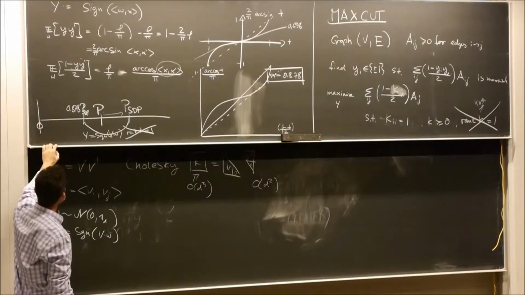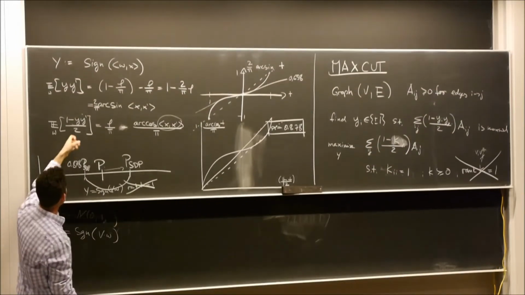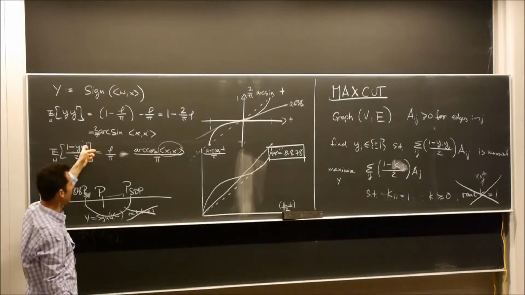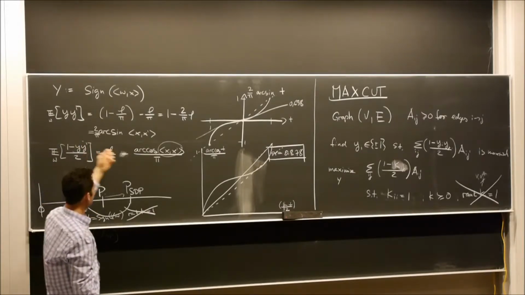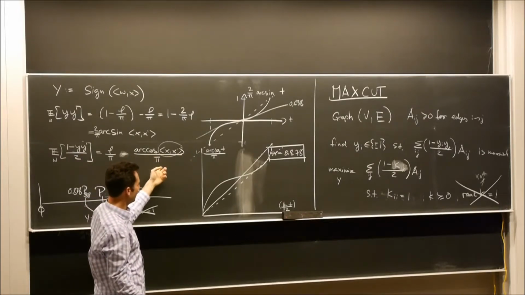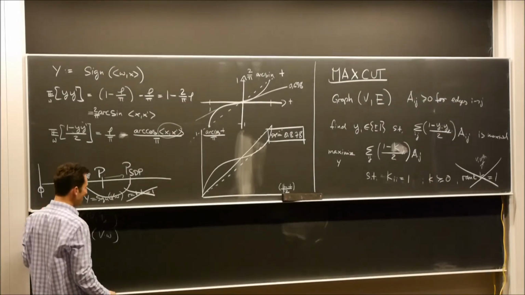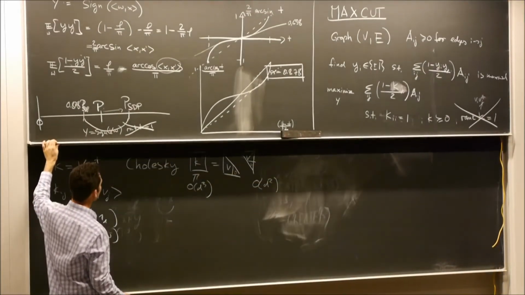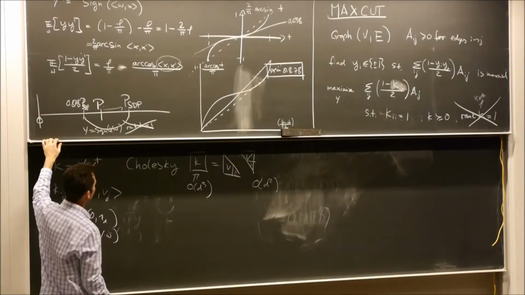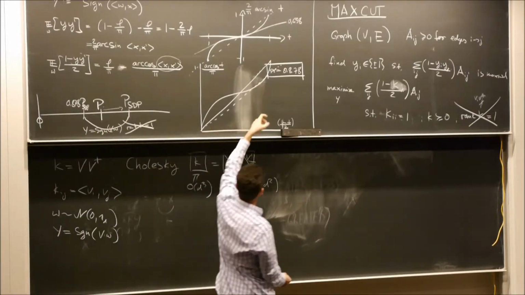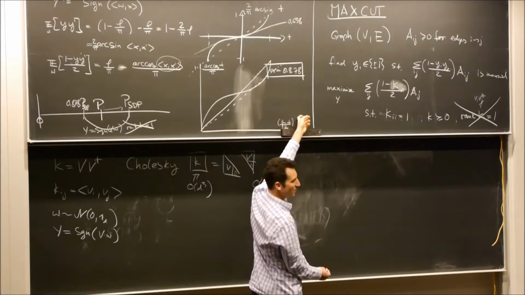Okay. And so this is exactly why we cared about this expectation. Right. So this is exactly the arccos. And we know that the arccos is going to be at least alpha times this.